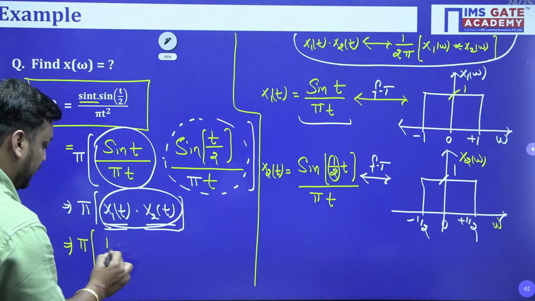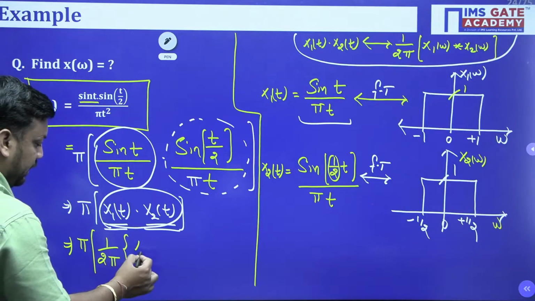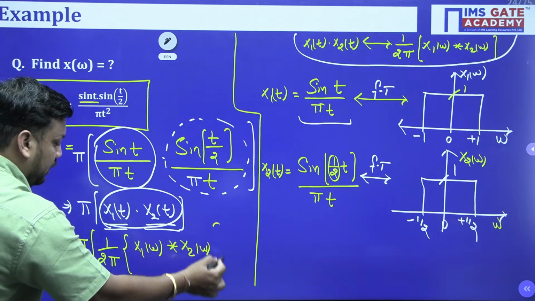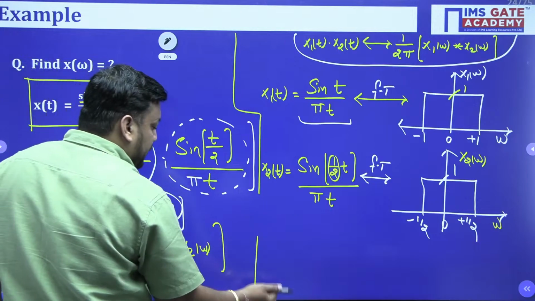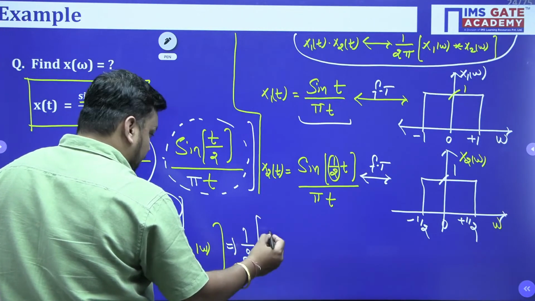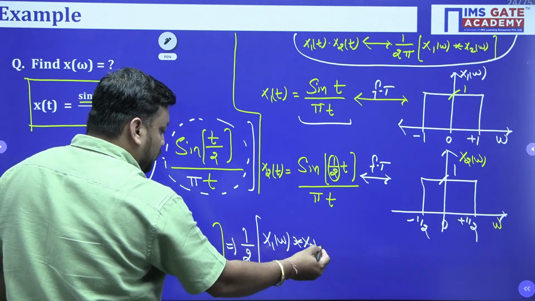So it will become 1 upon 2 pi, and inside the bracket we should convolve x1(omega) and x2(omega). Pi cancels out. So this equation ultimately becomes half outside, and inside the bracket x1(omega) convolved with x2(omega).